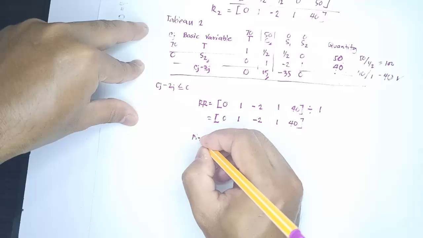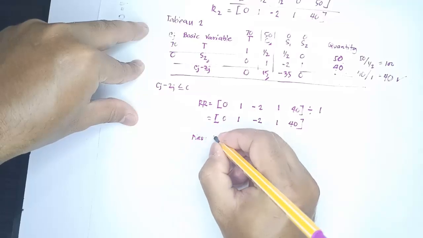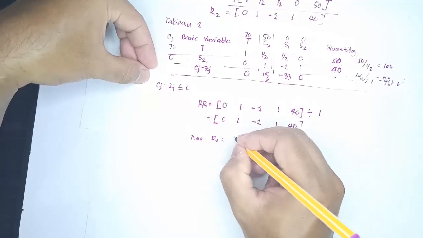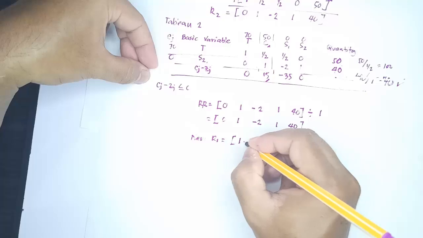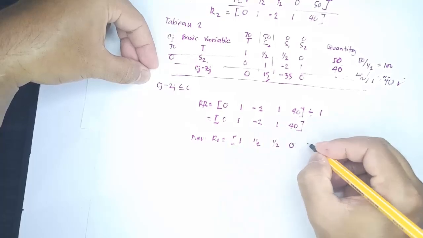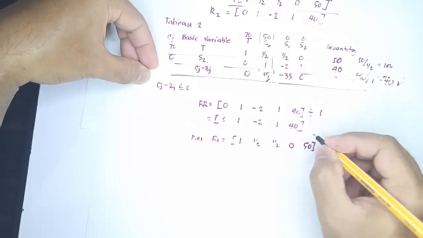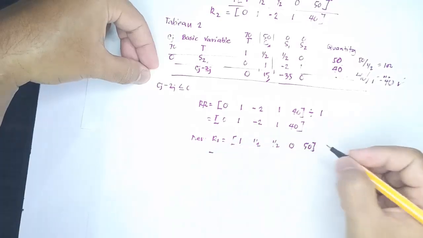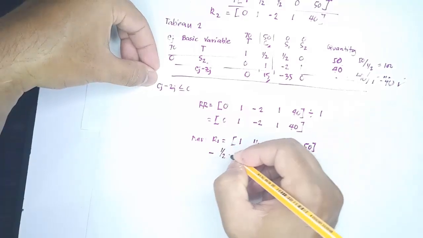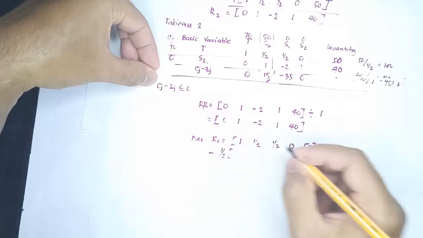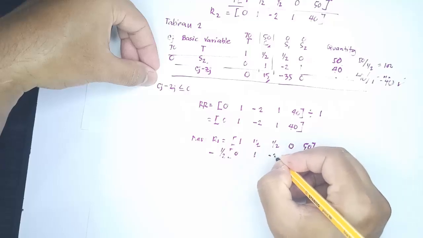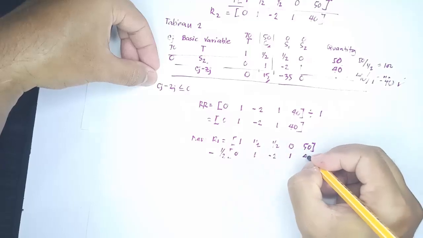Then, the new R1 is equal to the old R1 with elements 1, 1/2, 1/2, 0, 50, minus the intersection element of row 1, which is 1/2, times the replacing row 0, 1, -2, 1, 40.